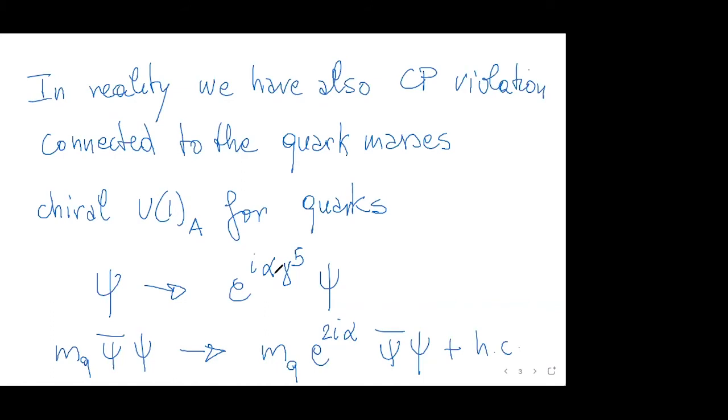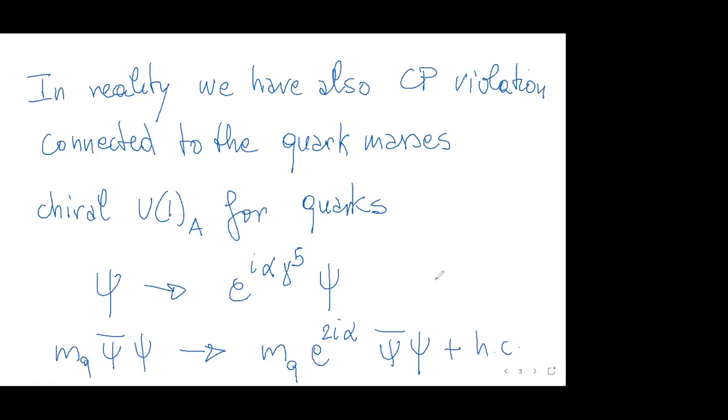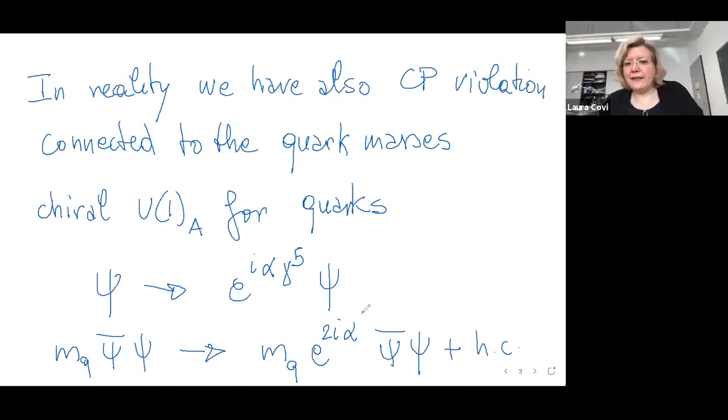I see, and exactly that from the kinetic term gives you the derivative coupling of the axion. Moreover, in a mass term, if you do this transformation on the fermions, which is proportional to the axion field, you would also have an explicit dependence on the axion.